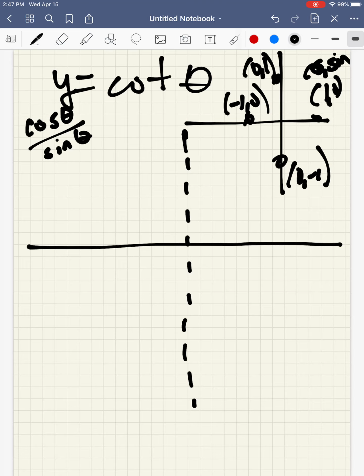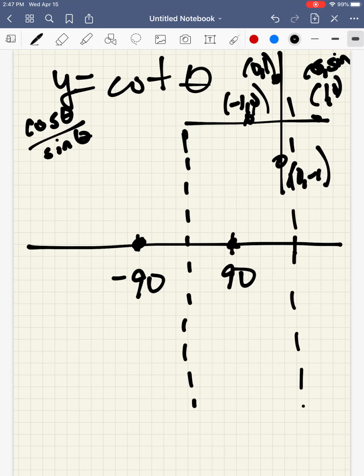At 90, cotangent is 0 over 1. And at negative 90, it's negative 0, or 0 over negative 1. So both of these places, cotangent is 0. Now we go to 180, that would be negative 1 over 0. So that's going to be undefined. And negative 180 would also be undefined.